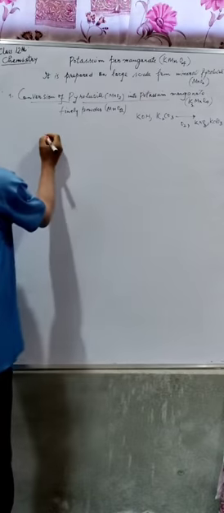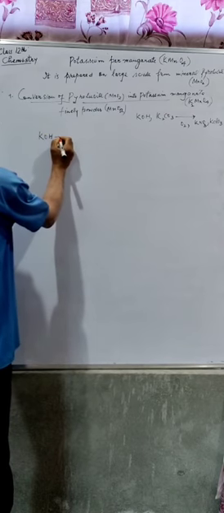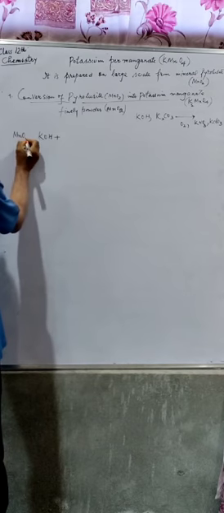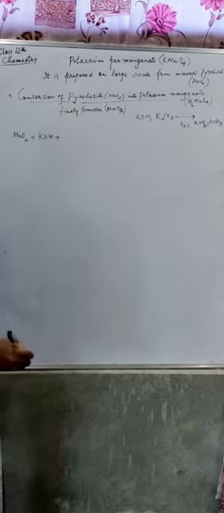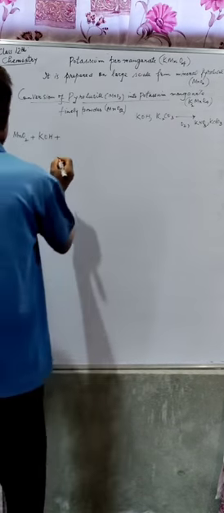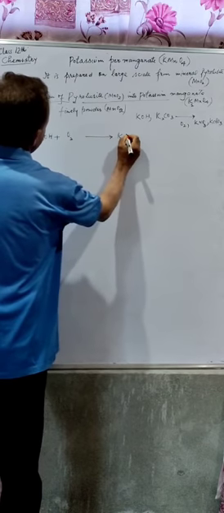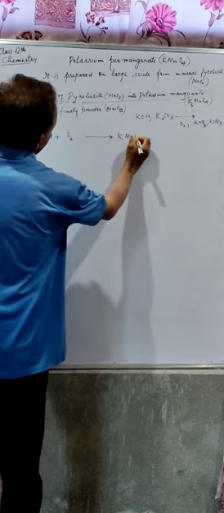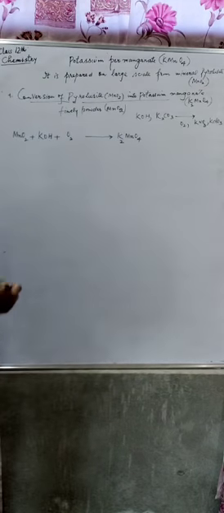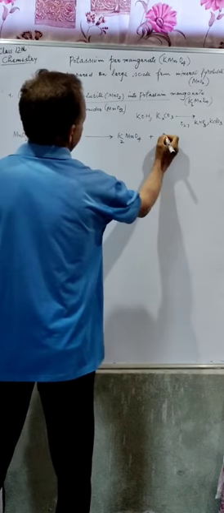Now we will take the reaction. First we take MnO2, pyrolusite. To this pyrolusite we add KOH, and in presence of oxygen we get K2MnO4 plus H2O.